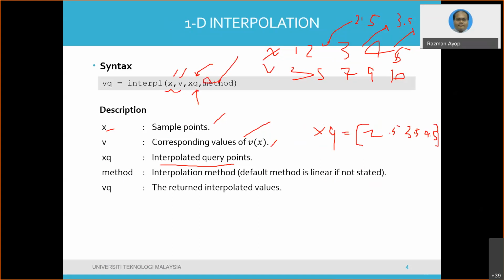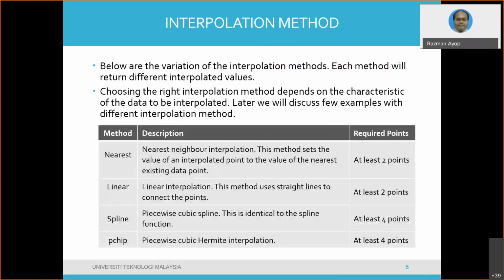And the method, there are several methods available. It depends on you, and we will discuss this later. There are various interpolation methods, depending on your requirement. So basically you have nearest, nearest neighbor interpolation.